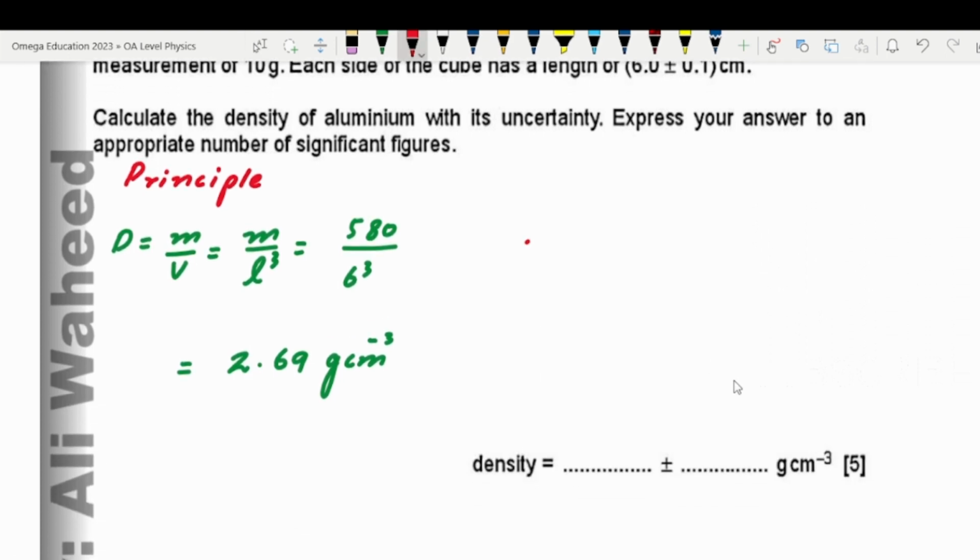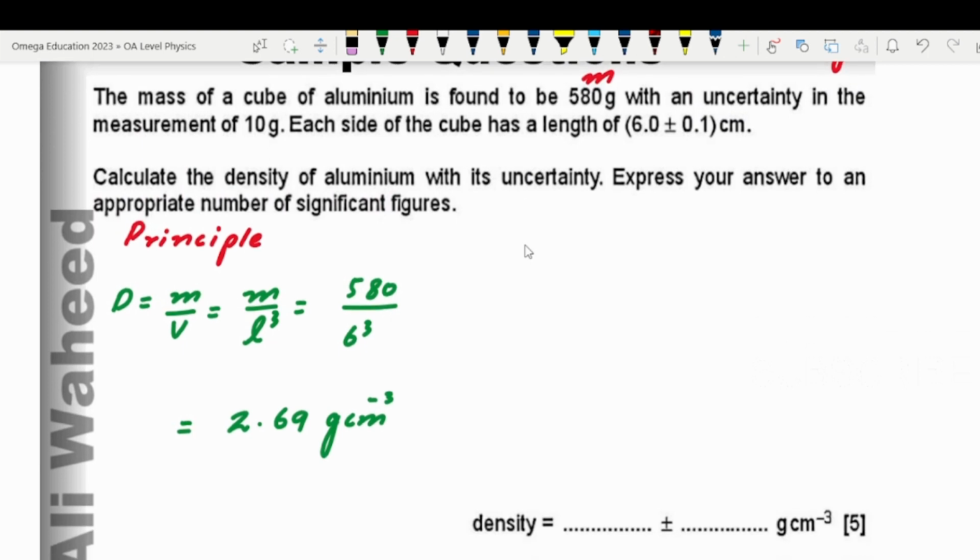Absolute or percentage? Absolute, because there's no percentage sign here. Okay, so the uncertainty would be, you see in the formula for the density there is mass and volume which are being divided, and if they're being divided, then you need to add the percentage uncertainty of mass and that of the volume.